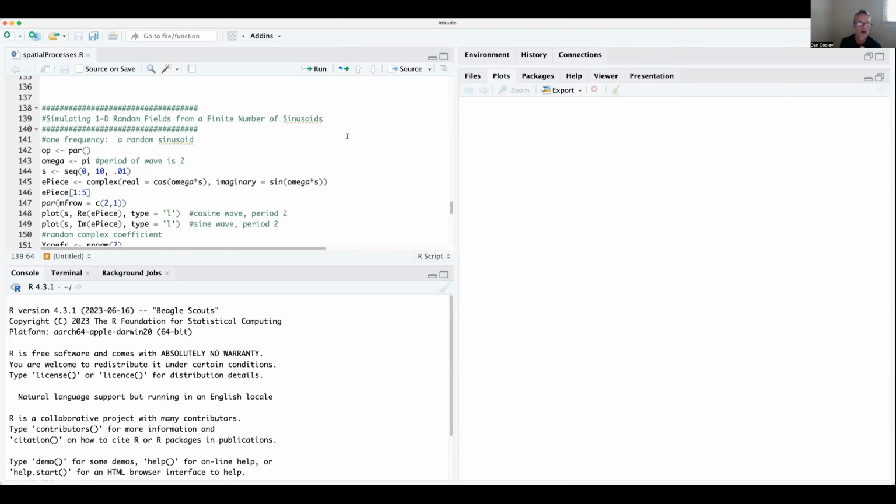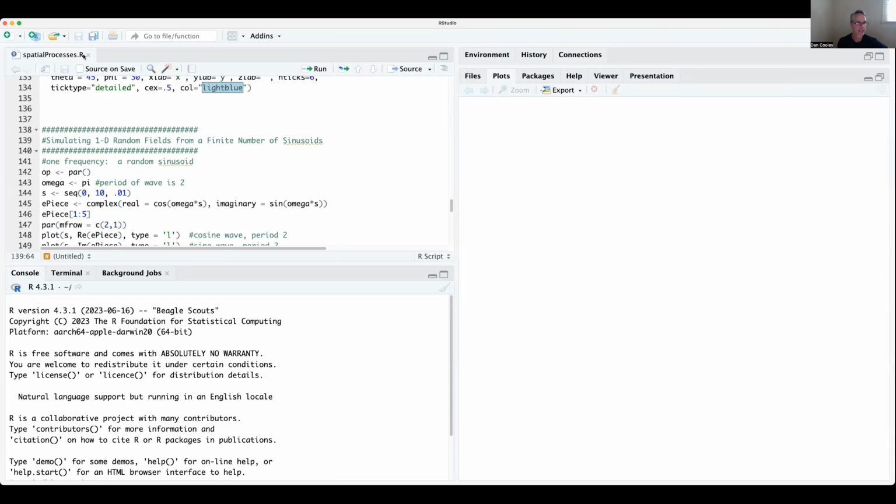and just illustrate this. You probably have a good idea of what this might look like, but let's do it anyway. Okay, so here is R. Hopefully you're seeing my R screen, and I have added it to our spatial processes.r file, so this will be posted on Canvas soon.